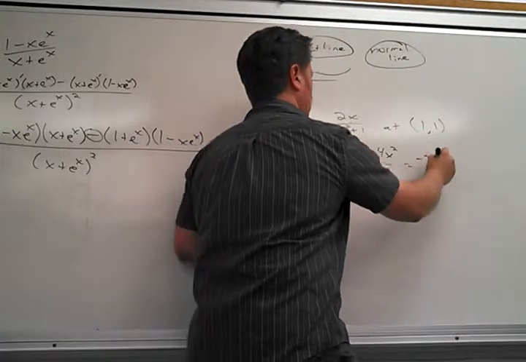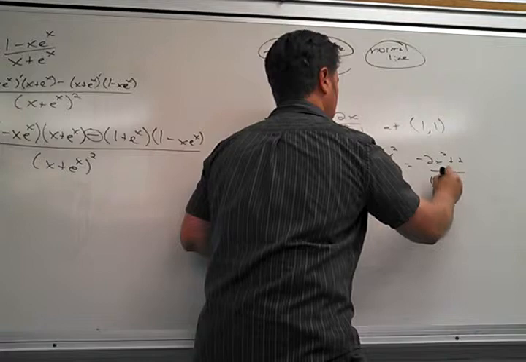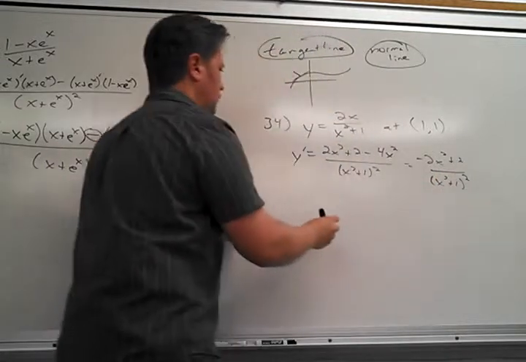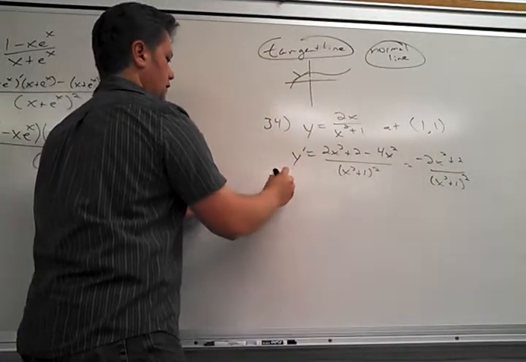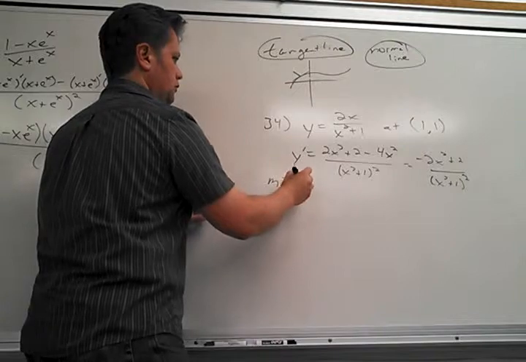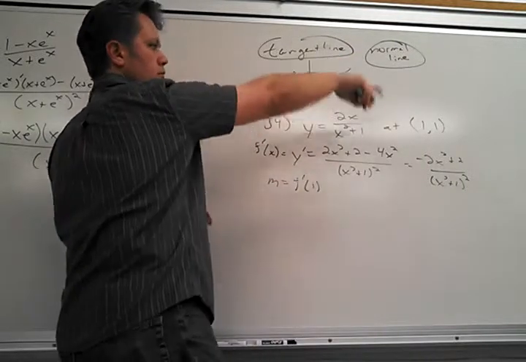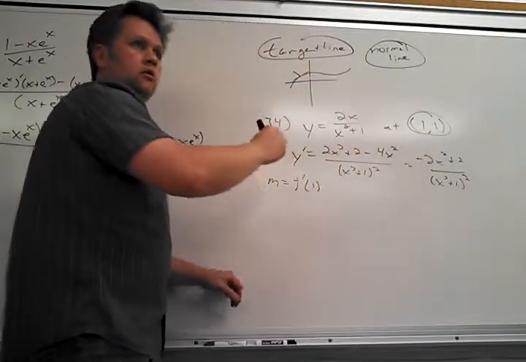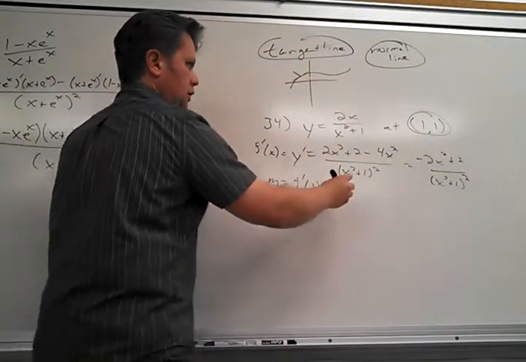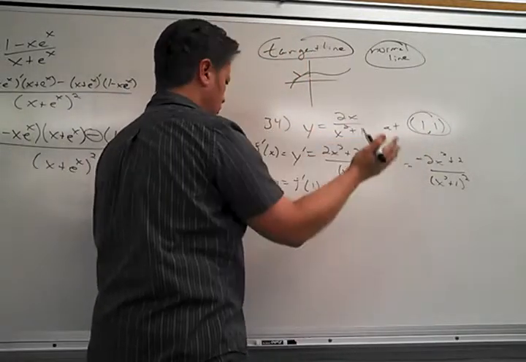So it'll be negative 2x squared plus 2 over that. So to find the tangent line, you'd find m equal to f prime at 1. So that would be 0, it looks like.